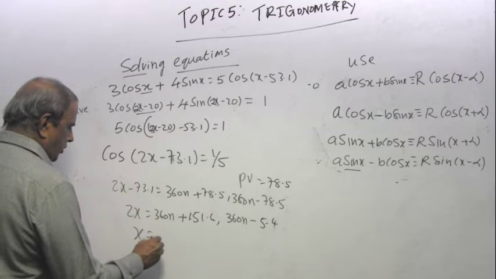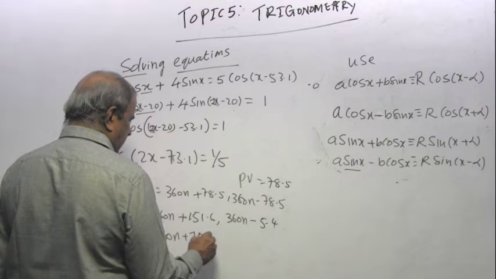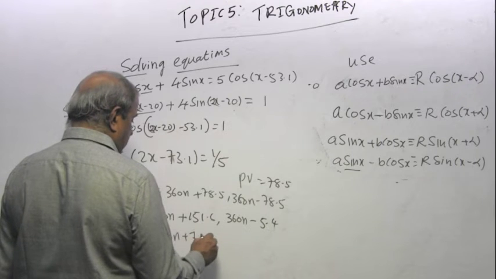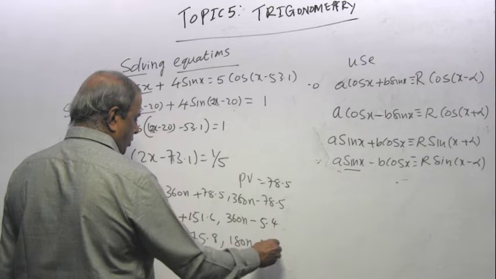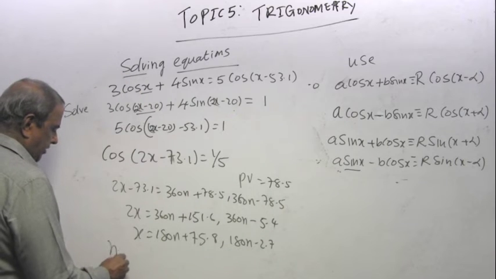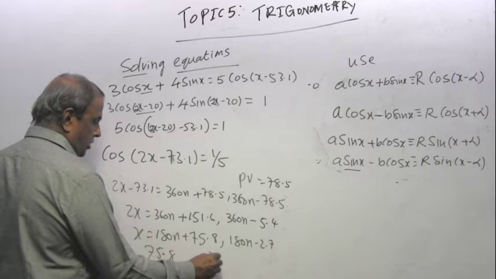So x equals 180n plus 75.8, or 180n minus 2.7. Then put n as 0, 75.8, and that's out.